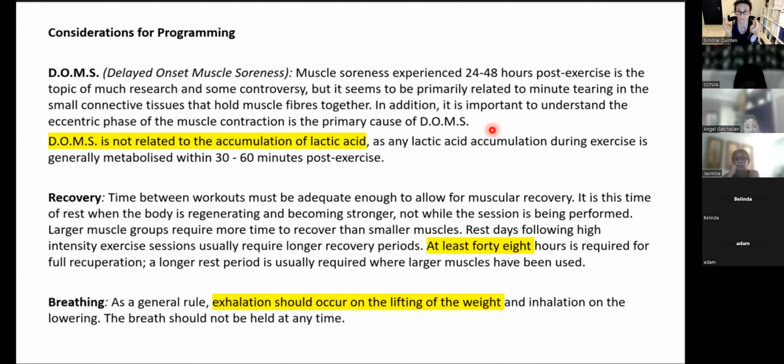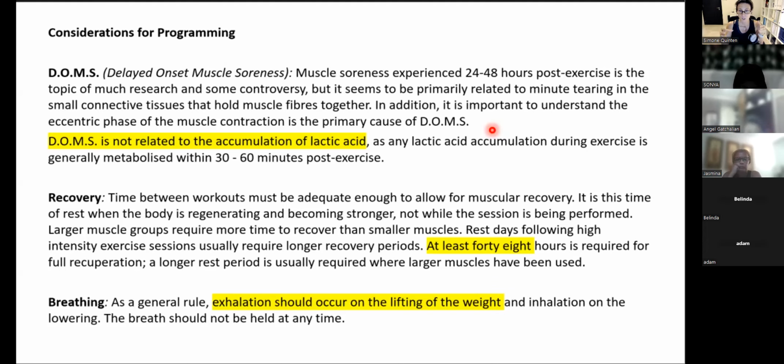That's why it's so important that you have rest in between the training units, unless you're doing a split routine. When you're doing upper body one day, the next day you can still go in the gym, but you don't want to work the same muscle group on the following day.